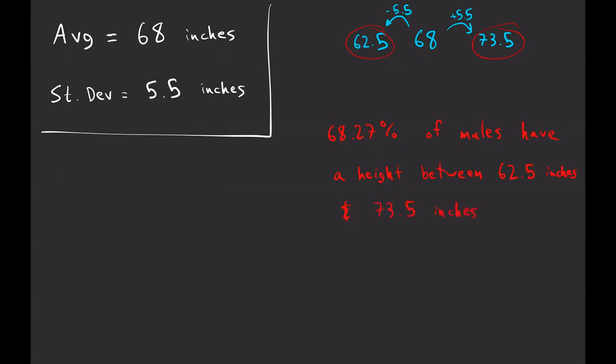Now, don't take this perfectly because I made up this standard deviation here. But this is the piece of info based on this made up standard deviation. We now know that a little bit more than 2/3 of males have a height between 62.5 inches and 73.5 inches. And so that tells us exactly what percentage of males have a height in this range.